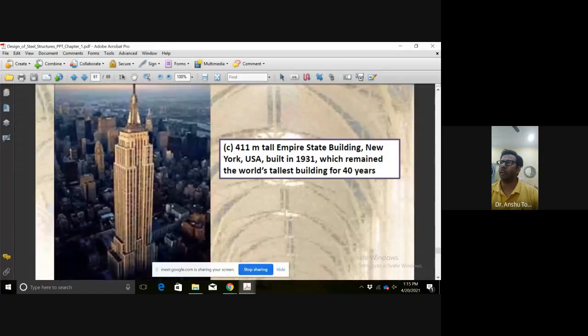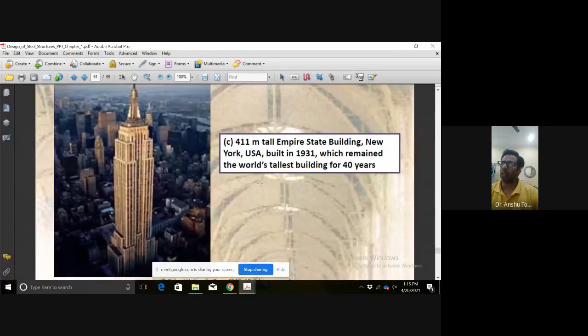Empire State Building, New York, built in 1931. Now you can understand the status of India in steel construction as compared to USA and other Western countries. Even in 1931, they were able to build a structure in steel which is 411 meters tall.